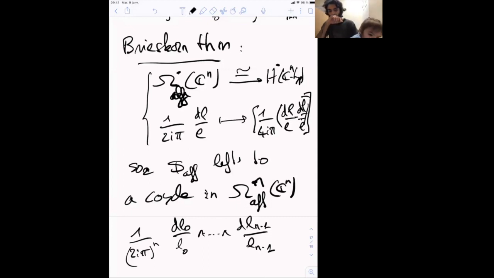Be careful, it's only a partial integration. What I have described today is only a partial integration. So what you get is a form. So I'm not sure it qualifies as a period in the sense of Kontsevich-Zagier.